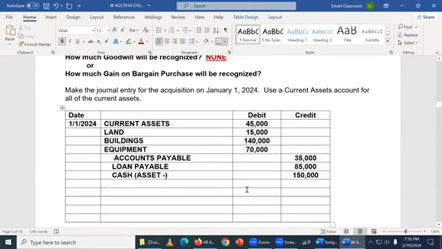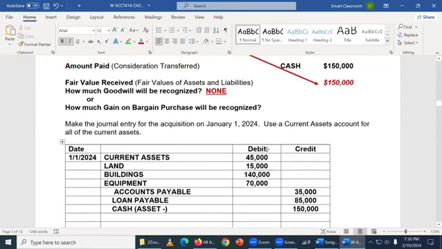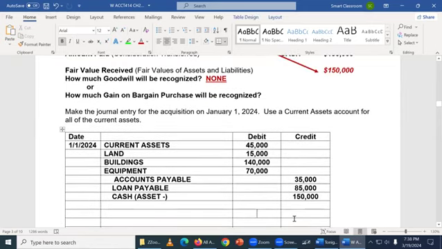If you make a lot of mistakes like me, it's not a bad idea to add up both sides. 270 is on the debit side, so hopefully we should get the same on this side.